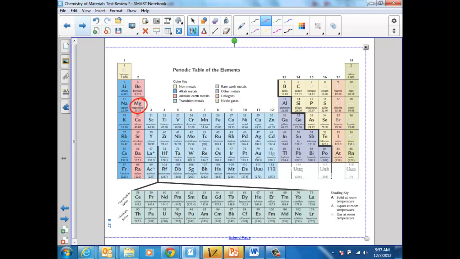They may vary in the way they are set up or their color codes, but almost always they have some kind of table that will tell you what the alkaline earth metals are, the alkaline metals, non-metals, noble gases, rare earth, other metals, and halogens. So all you have to do is be able to look on the table. Questions about that? I've already got them printed out, so you will have these. I will ask that you return them to me because I'll need them for other classes.